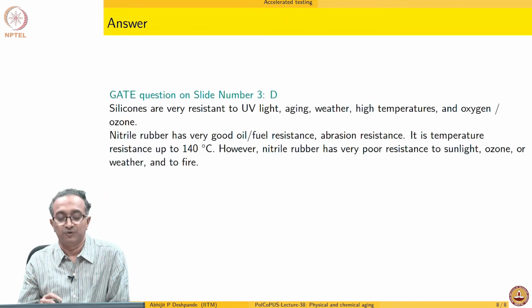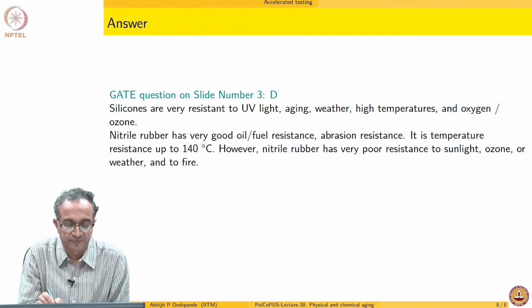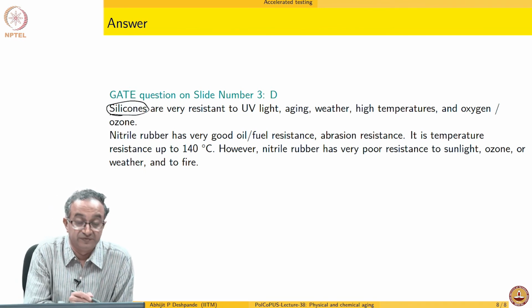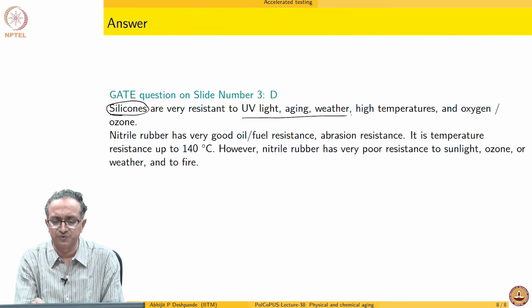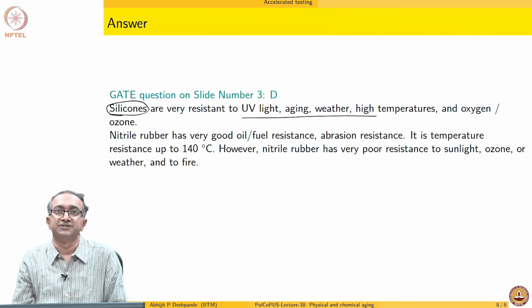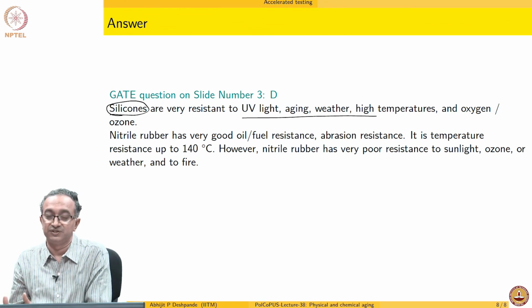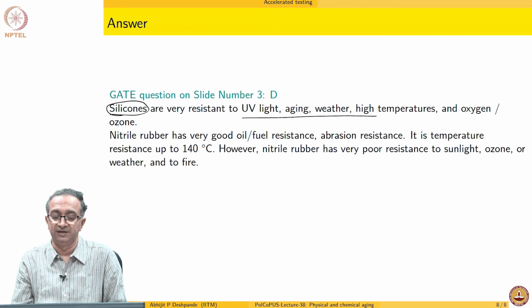So, with that we will close this lecture, and silicones are actually excellent materials for weather resistance, because they are resistant to a variety of conditions, whether it is UV resistance or resistance to thermal energy and oxygen, ozone. So, you will see that silicones are used in many applications where weather resistance is key.